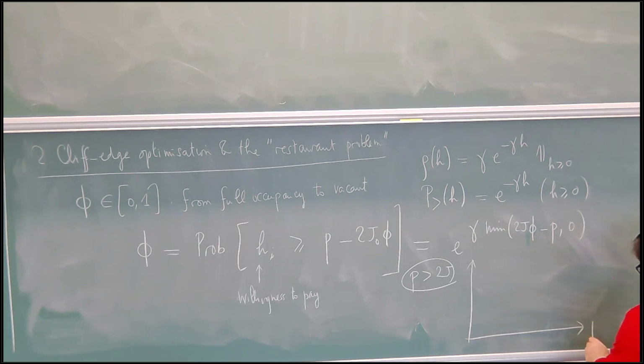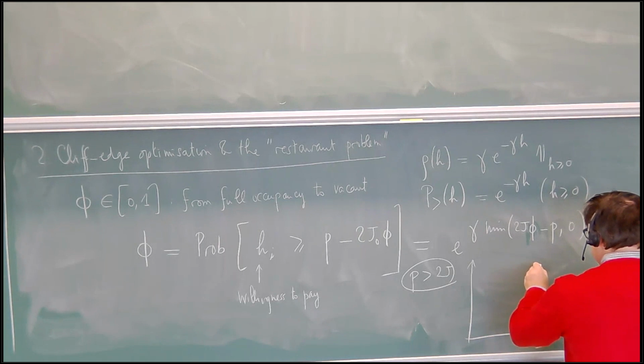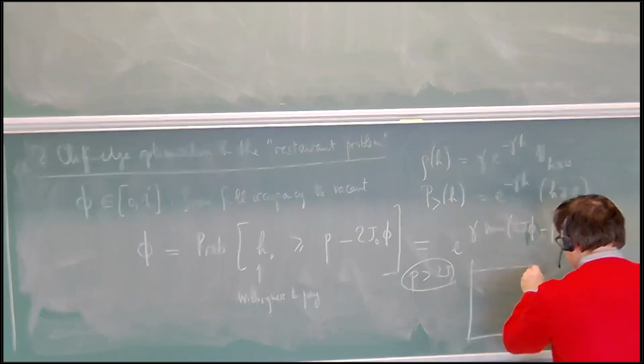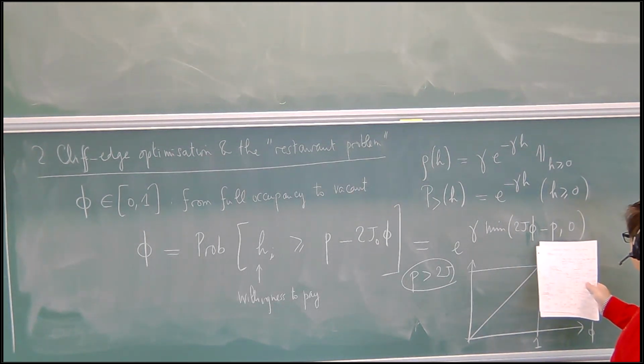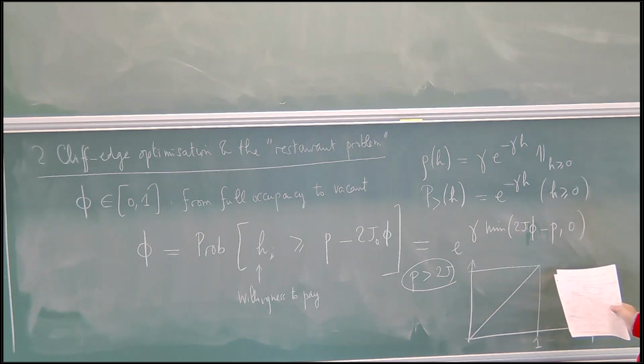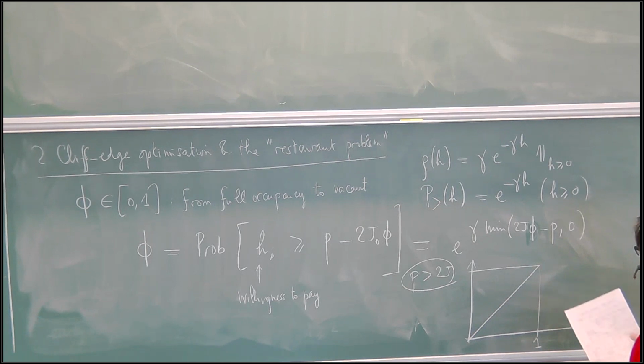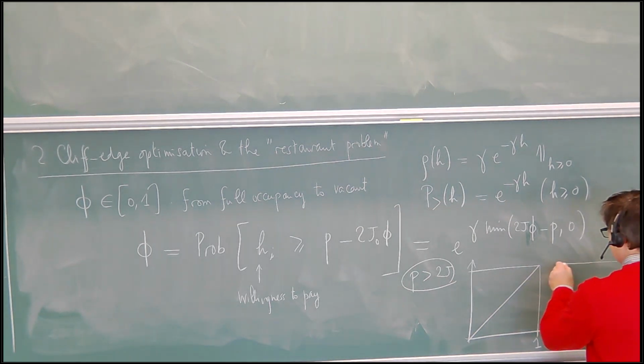As a function of phi, phi has a maximum value which is 1, and of course, as usual, one has to find the intercept with this line here. And if P is greater than 2J, the curve looks like this.